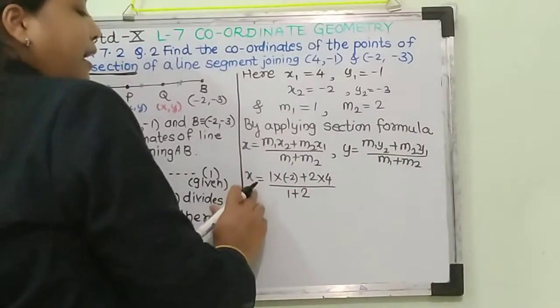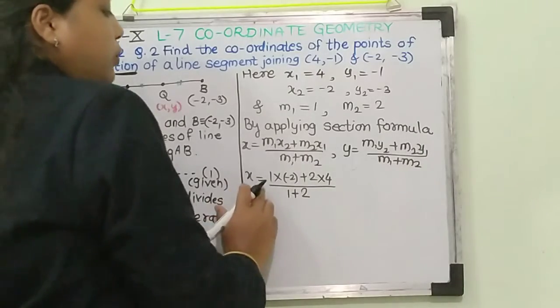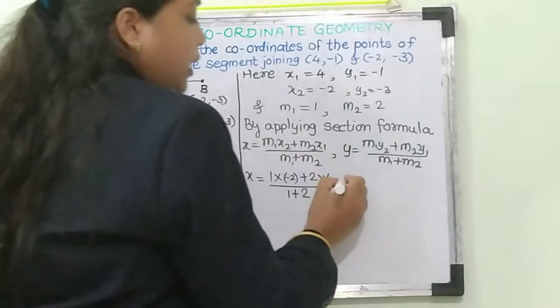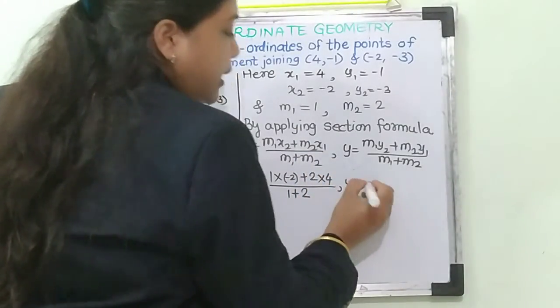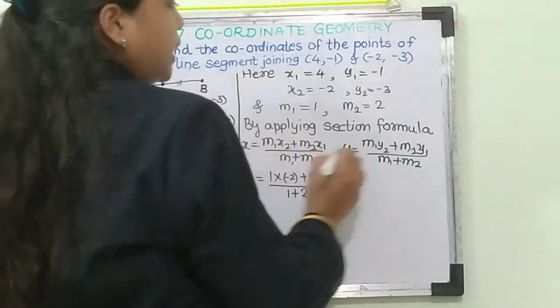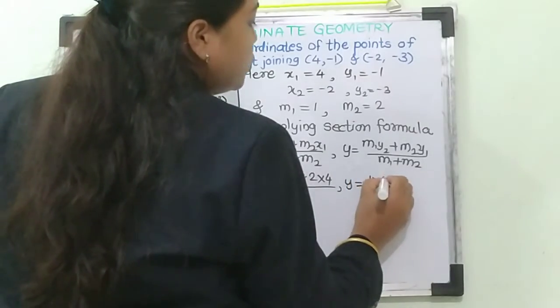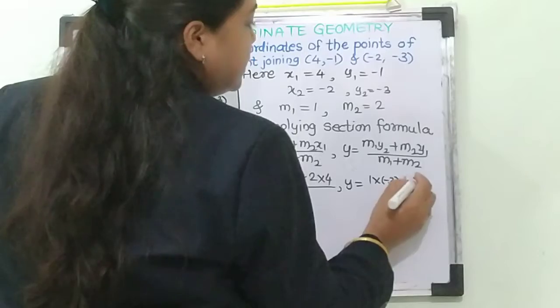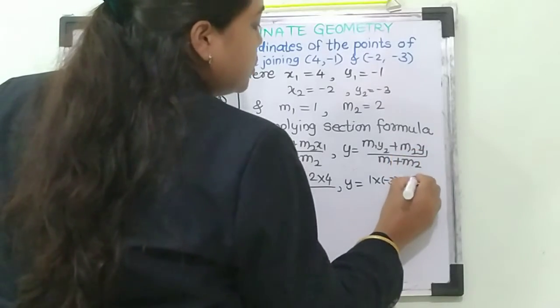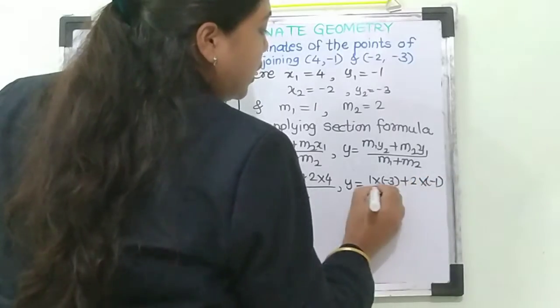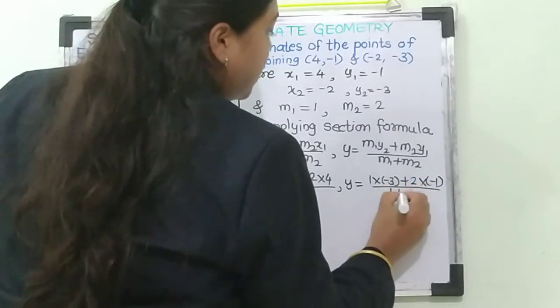The next step is to substitute the values of m1, x1, x2. Similarly in y we substitute m1 equals 1, y2 equals -3 plus m2, that is 2, into y1, that is -1, upon 1 plus 2.